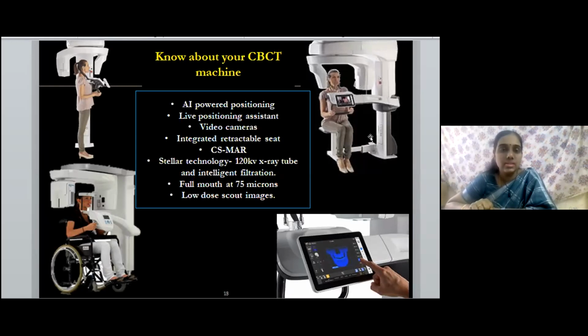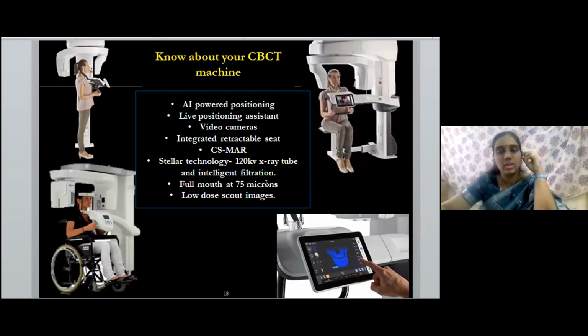It also has an intelligent filtration, very much reducing the exposure to the patient. You can take a full mouth exposure at 75 microns. And you can also have the option of low dose scout images, where you can just check whether the images are correct, and then go for the real exposure. It is like pre-exposure images.